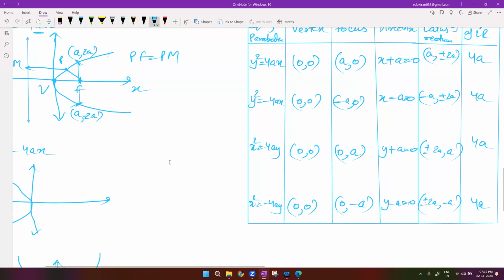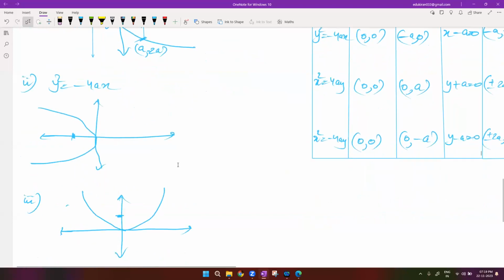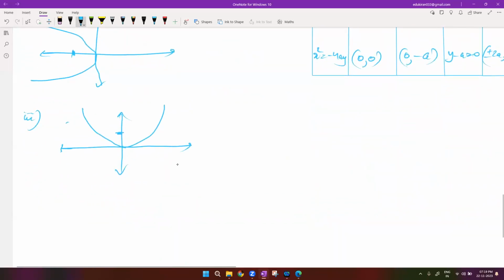These four equations are called the standard equations of parabola, and the fourth I'm drawing here only, which will be like this.